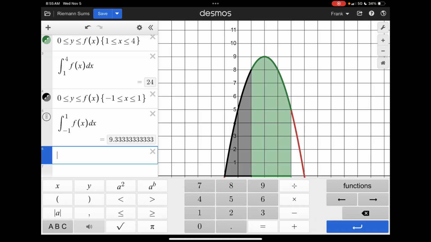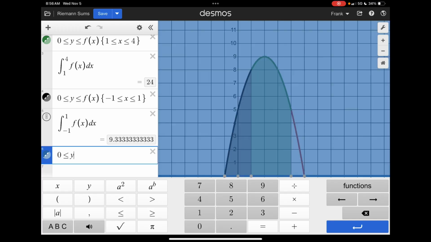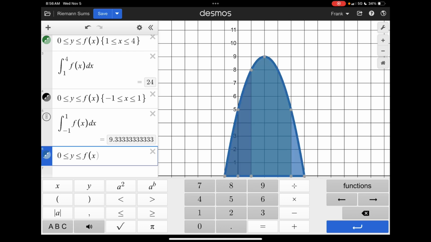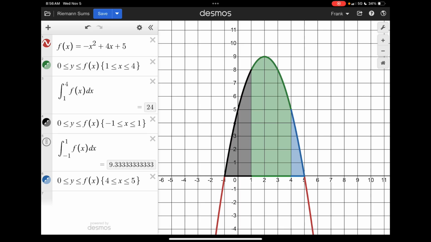Let me go ahead and graph that. So I want, again, the y values to be between the horizontal axis and f of x. And I'm interested now, though, between 4 and 5. So I've shaded that region. You can see the blue region now.